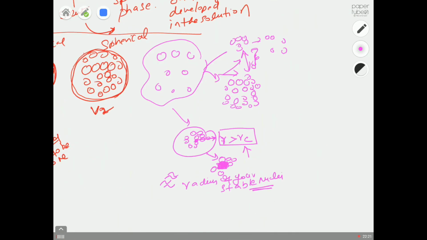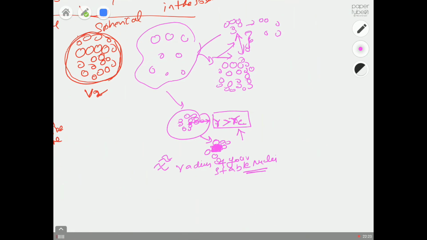So R is greater than RC. All he tried to find is, I know how molecules come together, I know how molecules might build some surface, but when do they evolve into a stable crystallite? He needed to find the radius of the molecule cluster which might evolve into a stable nuclei.